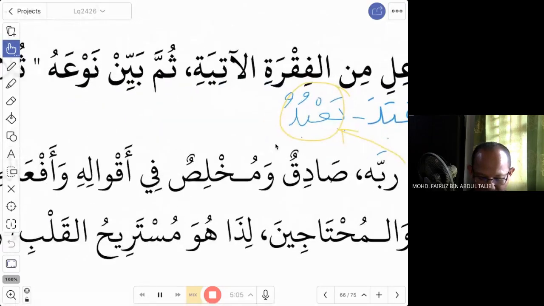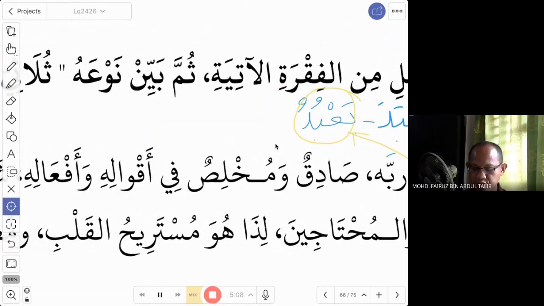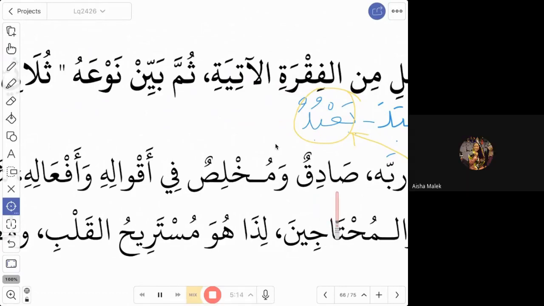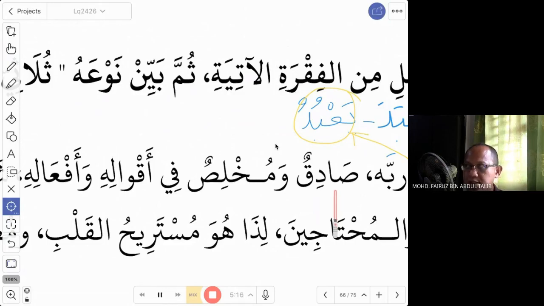Sadiqun. Naam, sadiq. This is also isim fa'il, three-letter fi'il. Honest, yes. Okay. Find what is the fi'il. This is from the fi'il, just remove the alif. So the fi'il is sadaqa. What is sadaqa?